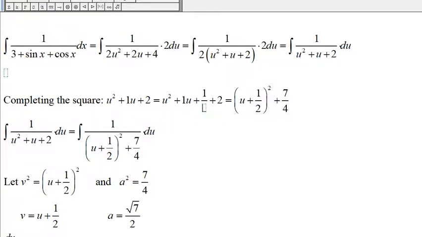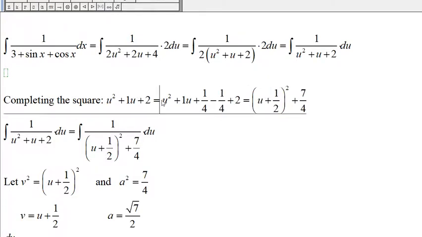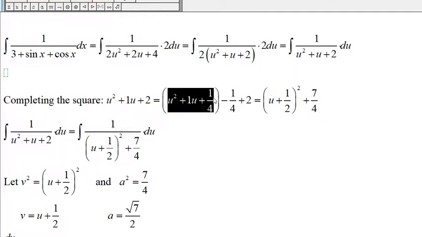So add 1/4 minus 1/4. And then this trinomial right here factors as u plus 1/2 times u plus 1/2. So that's how we end up with u plus 1/2 squared. Negative 1/4 plus 2 is 7/4.